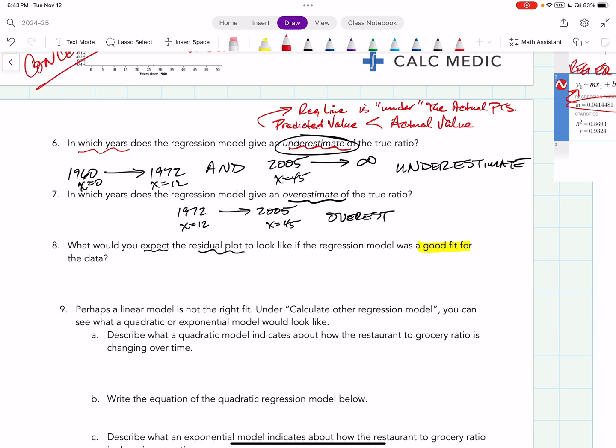Okay, so the residual plot, let's write this down. Residual plot should be random, no patterns. Getting all crazy with my handwriting here. Should be random. All right, no patterns.